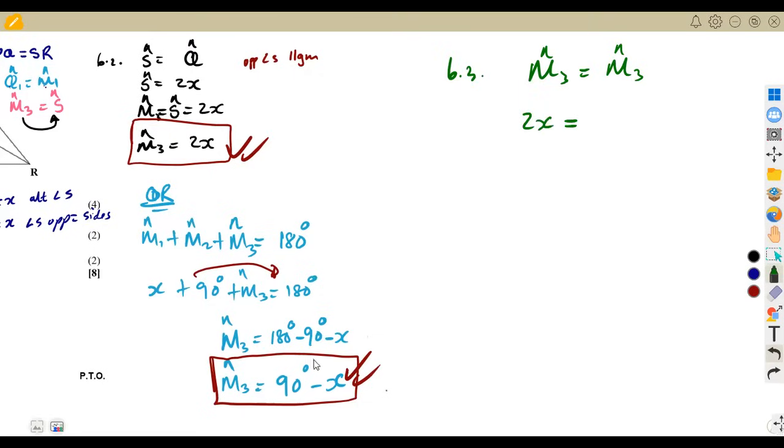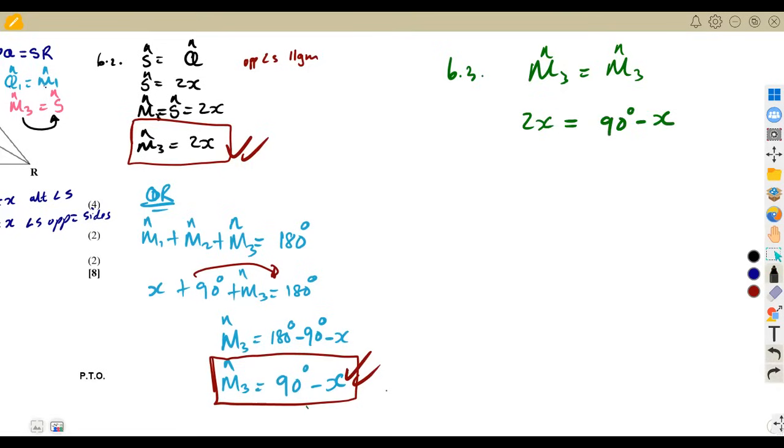As you can see, there are two different answers representing the same angle M3, but written differently. So they are the same because they all represent M3. You can create an equation: 2x must be equal to 90 minus x. From there, I can calculate x.